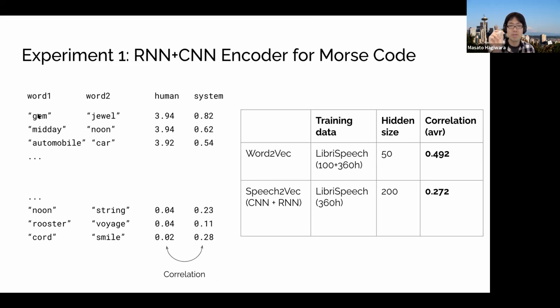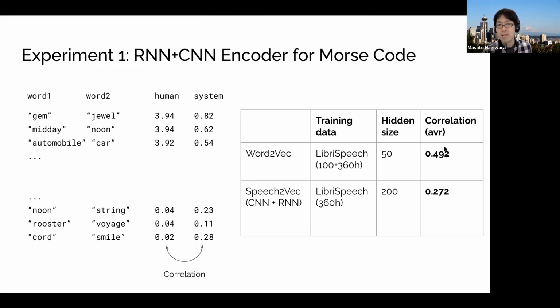What you do is you run your system on this list of pairs to get estimates of similarities, and you compute the correlation between these two lists of numbers. If the correlation is high, it means your system is producing something aligned with what people think of these word pairs. And if the correlation is low, your system is basically not producing something useful.